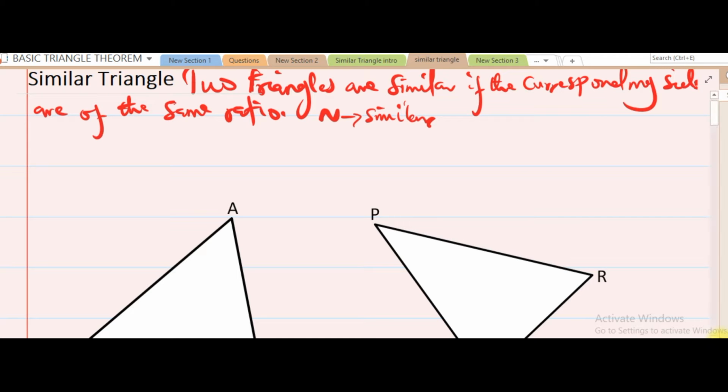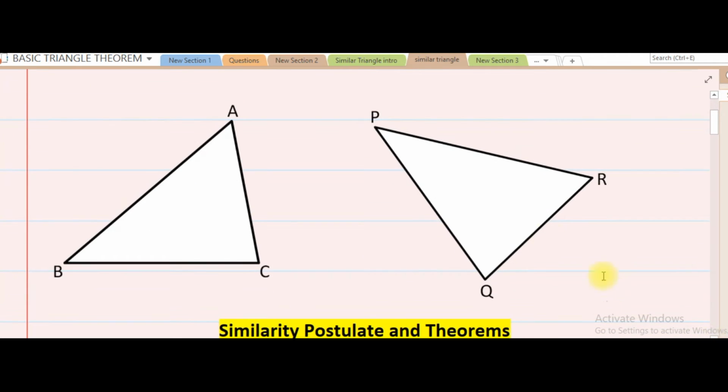If you have triangle ABC and triangle PQR, with the sides of one called A, B, and C, and the other called P, R, and Q, we are saying that if the ratio of the corresponding sides, assuming for now A corresponds to Q, so A over Q is the same as, if B corresponds to P, B over P, or finally if C corresponds to R.